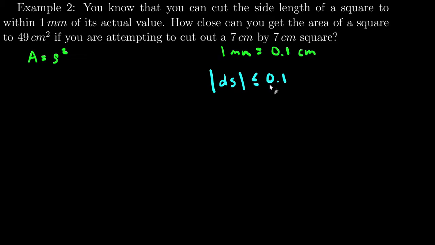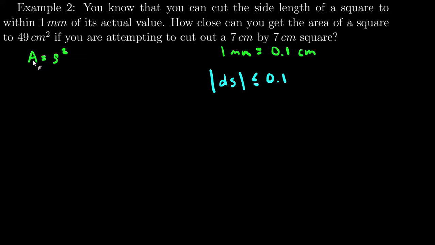Now again, it is an approximation because this is not linear, and ds changing into delta s comes from a linear approximation, but it'll give us a very good approximation very easily. So this tells me about ds, how far off the side length is.